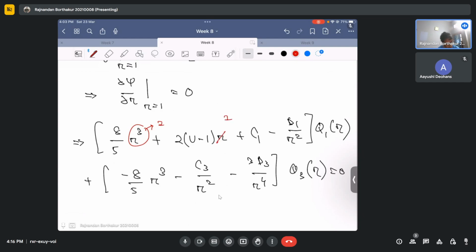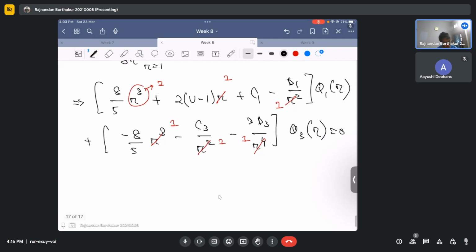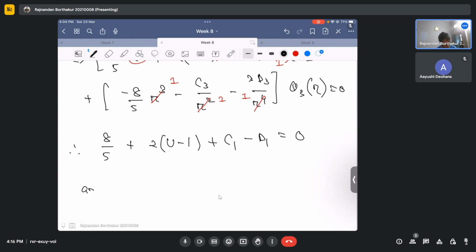Since these two are mutually independent, you can simply write that a by 5 plus 2 into u minus 1, plus c1 minus d1 is equal to 0, and minus a by 5, minus c3, minus 3d3 is equal to 0.